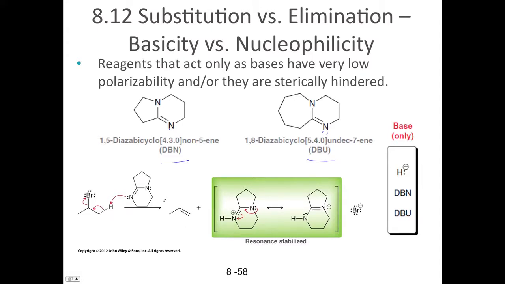So you end up making the olefin that you want to make, plus here's your proton that was right here. Then this undergoes some resonance to support and trap that proton right there, which is actually pretty clever. DBN and DBU both have the same action. DBU is a little bit bulkier than that, and in terms of industry, in terms of you working with it, DBU is the more popular reagent.